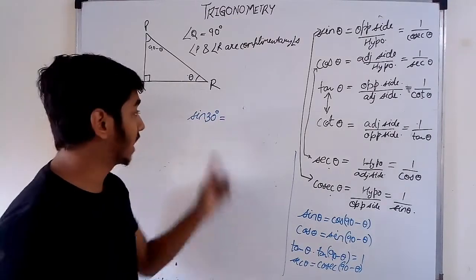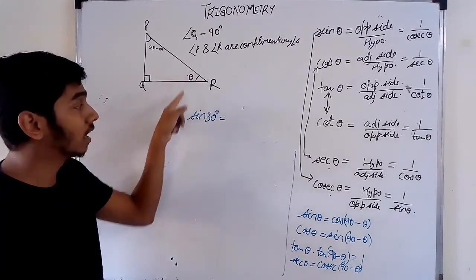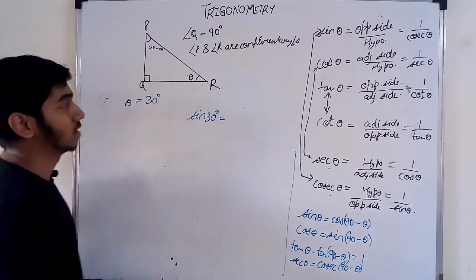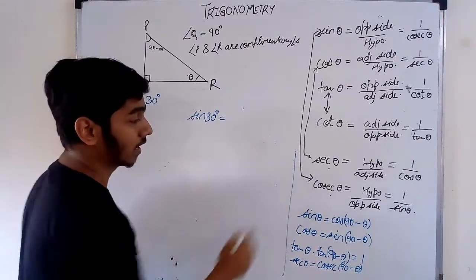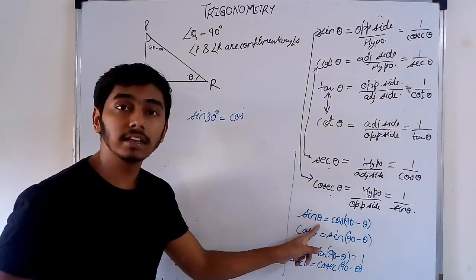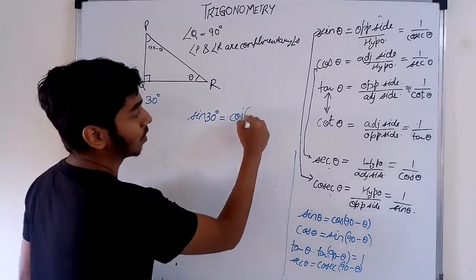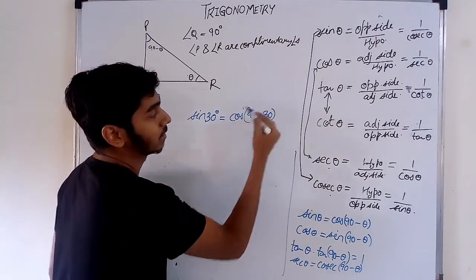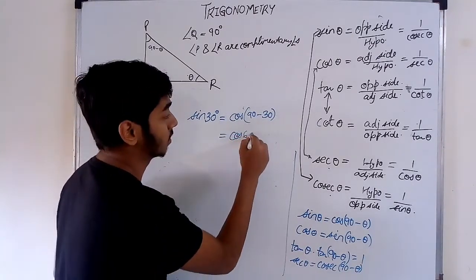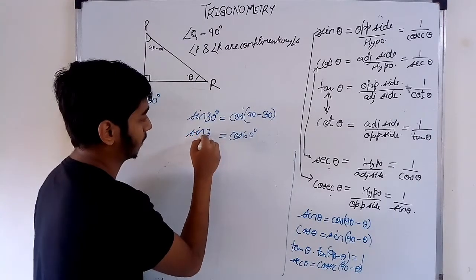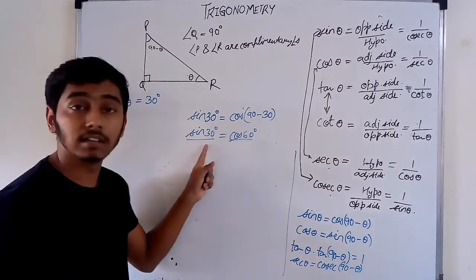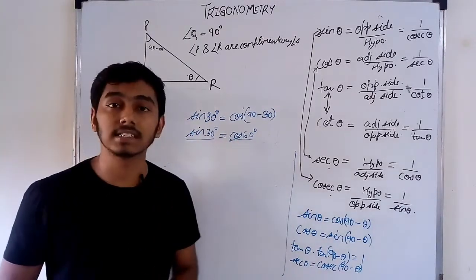Theta is 30 degree, so sine theta equals cos 90 minus 30, and 90 minus 30 is 60. So we get sine 30 is equal to cos 60.